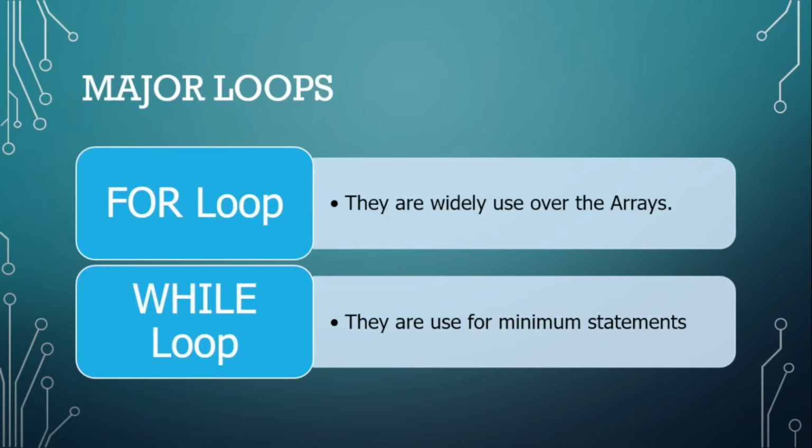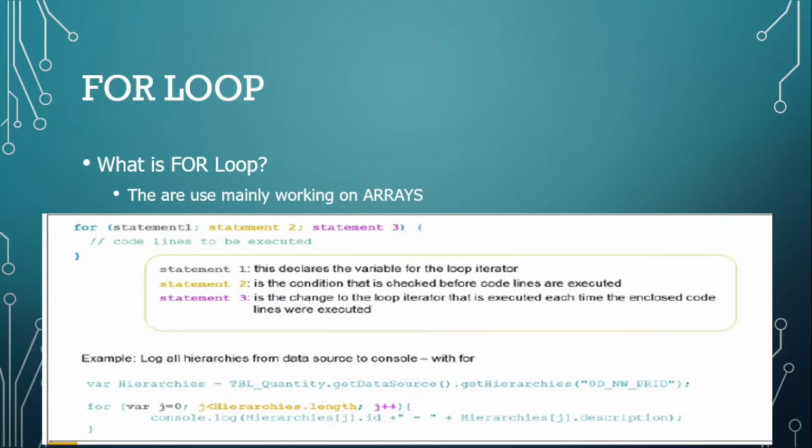Let's first discuss the code which we will use live in the system later in this video. So what is a for loop? It is mainly used for working on arrays, as we have discussed earlier. In this statement we start with for, then brackets, and then statement 1, statement 2 and statement 3.